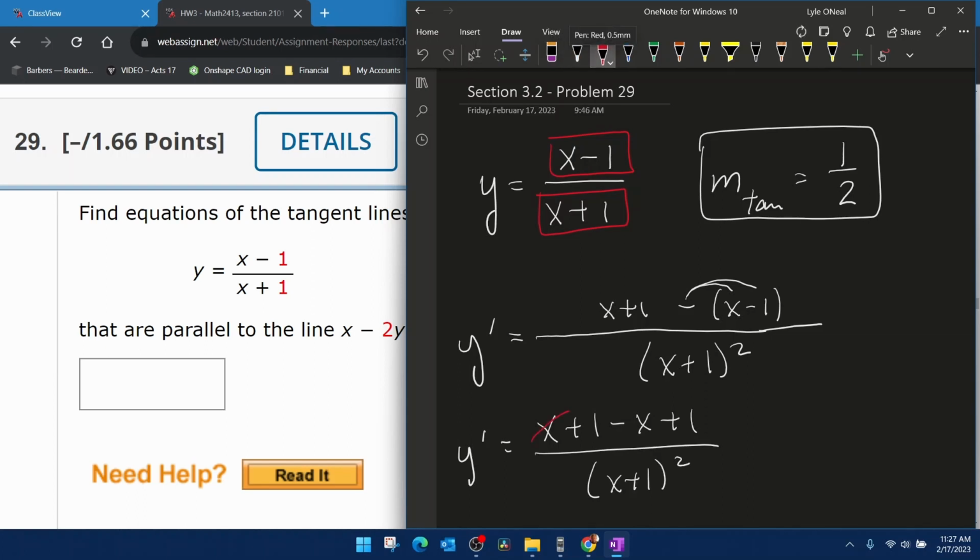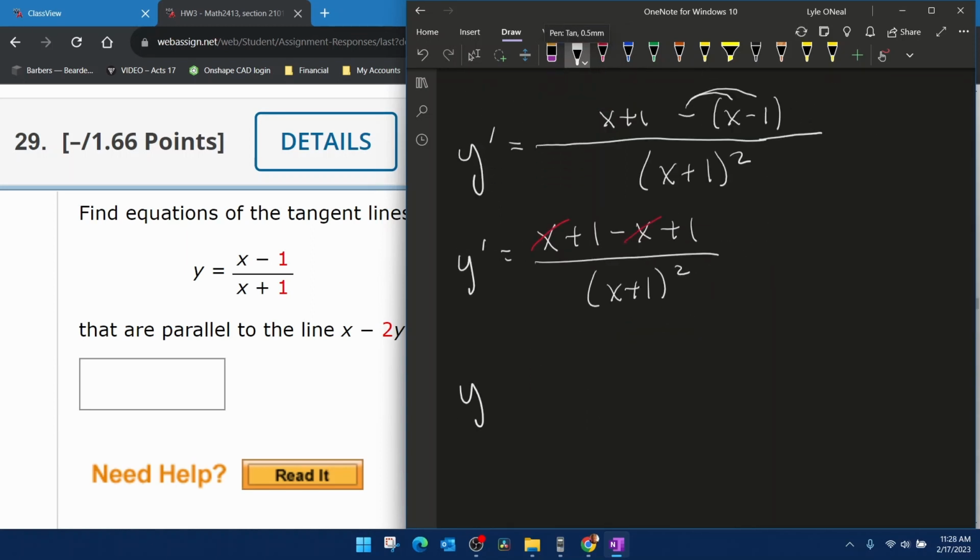And in the numerator, my x's are going to subtract out and make 0. And that's going to leave us with the derivative of 2 over x plus 1 quantity squared. But remember that we need that derivative to be equal to a half. And so we're going to set up this equation and solve for x.